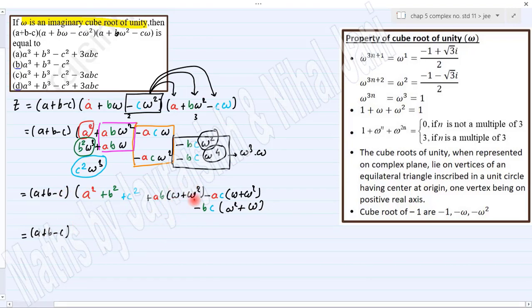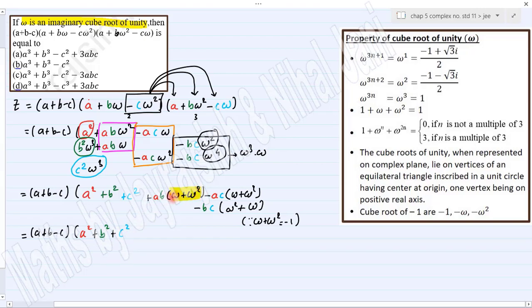To simplify the second bracket, we are going to use the property of omega, which is 1 + ω + ω² = 0. So we can say ω + ω² will be -1. So your second bracket will be a square plus b square plus c square.